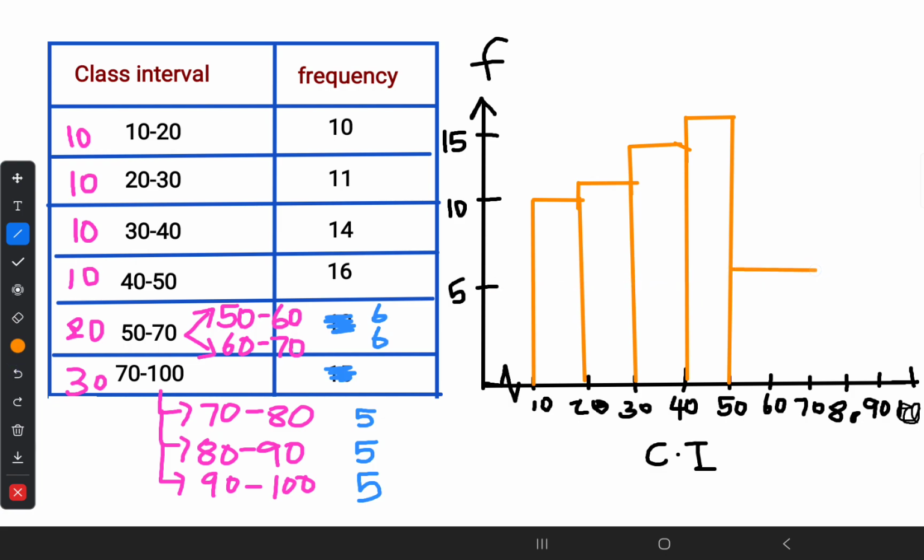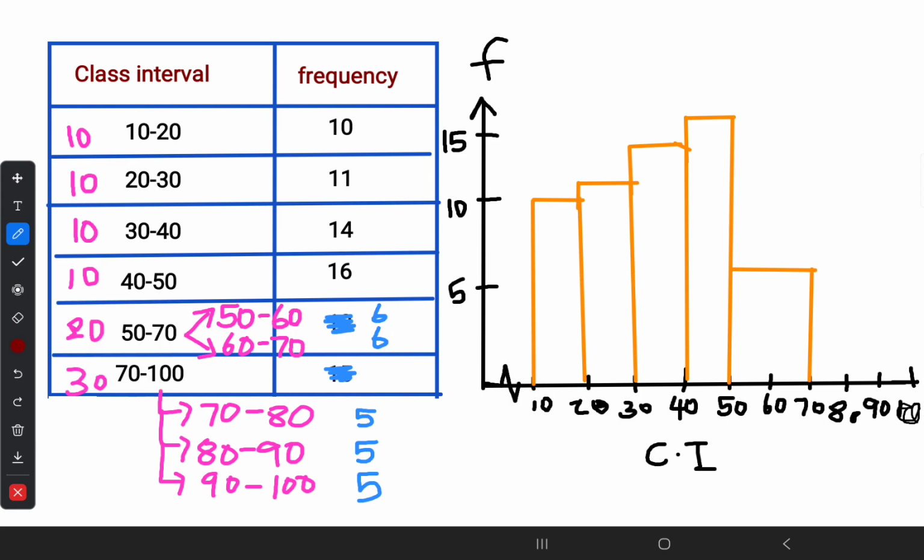This is the way you should denote this combined class interval, because actually they were given 50 to 70. To make our job easy only, we have split it to interpret the data and evenly distributed the whole frequency. Likewise, to denote this in your histogram formation, you should use a single block.